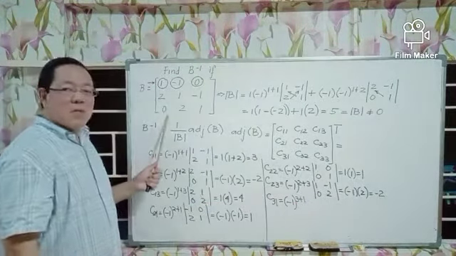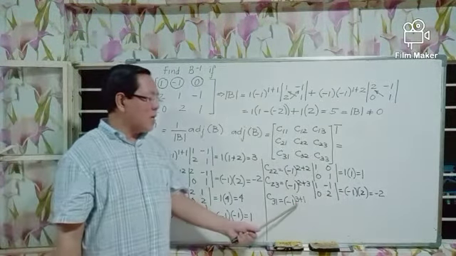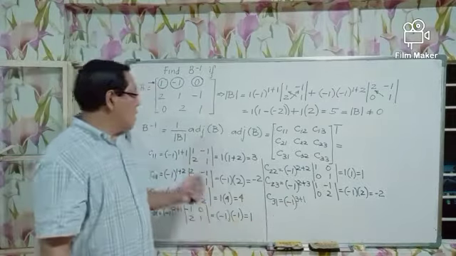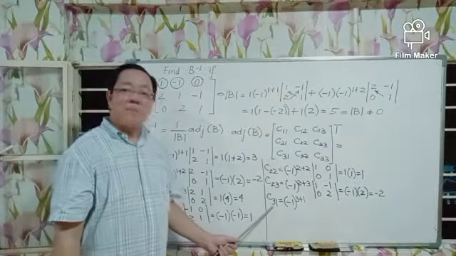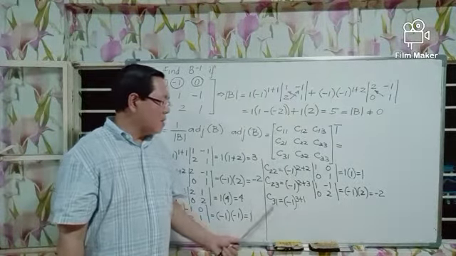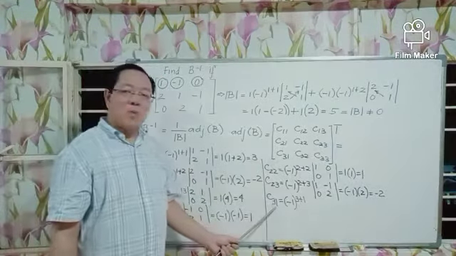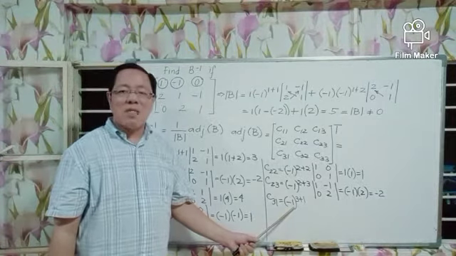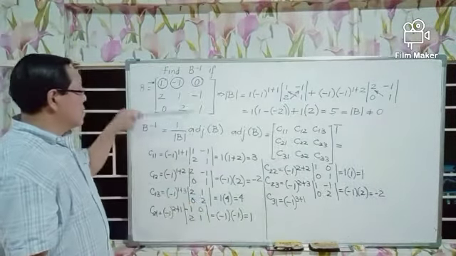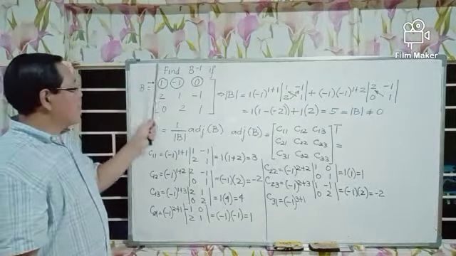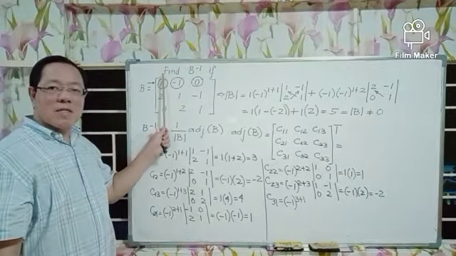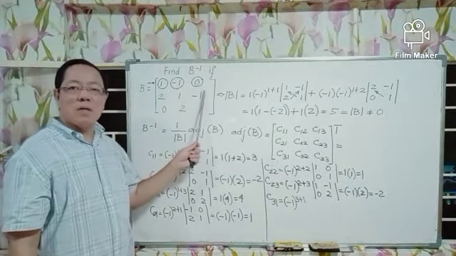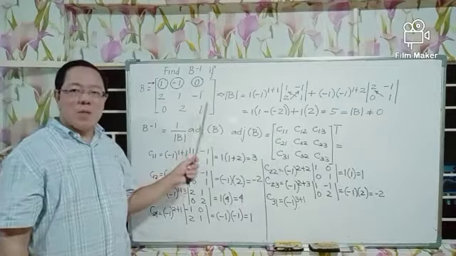The cofactor of 0 is given by negative 1 raised to the row number of 0, which is 3, plus the column number of 0, which is 1. And we multiply this by the determinant that remains after we delete the third row and the first column. And the entries that remain are negative 1, 0, 1, negative 1.